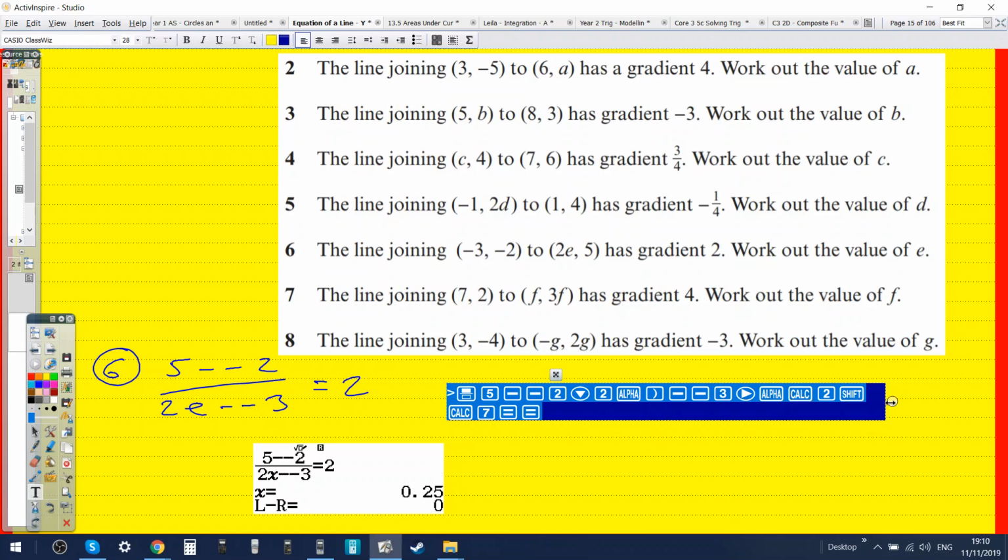I got 0.25 for that one as well. 0.25, was it? Yeah, all right, I believe.